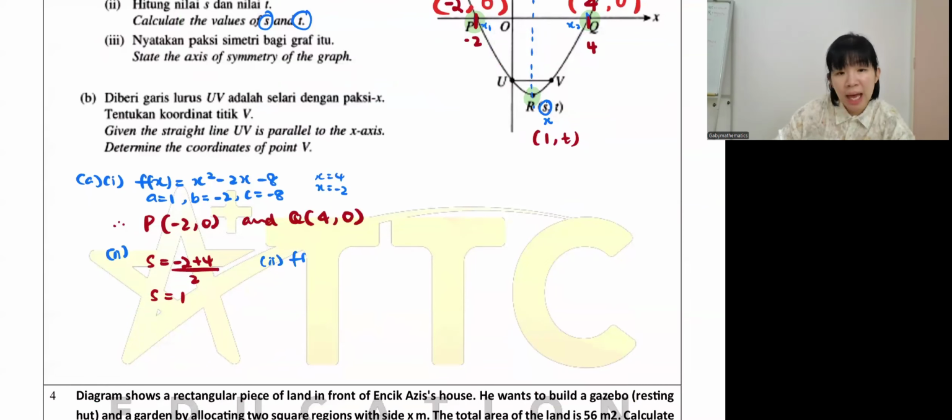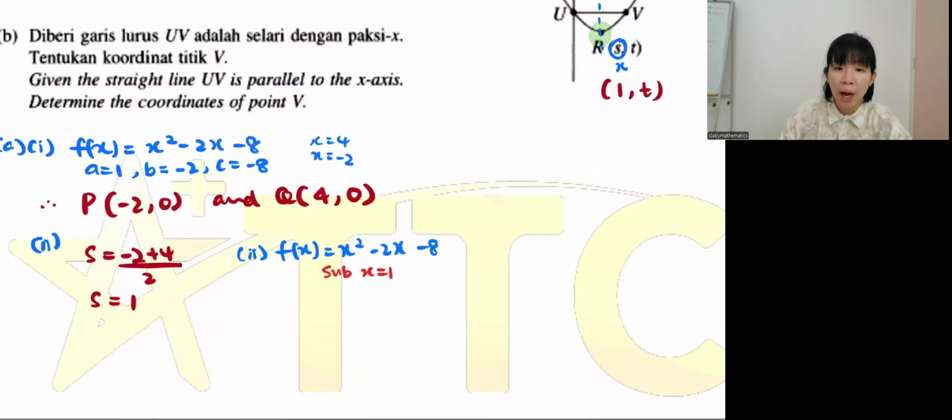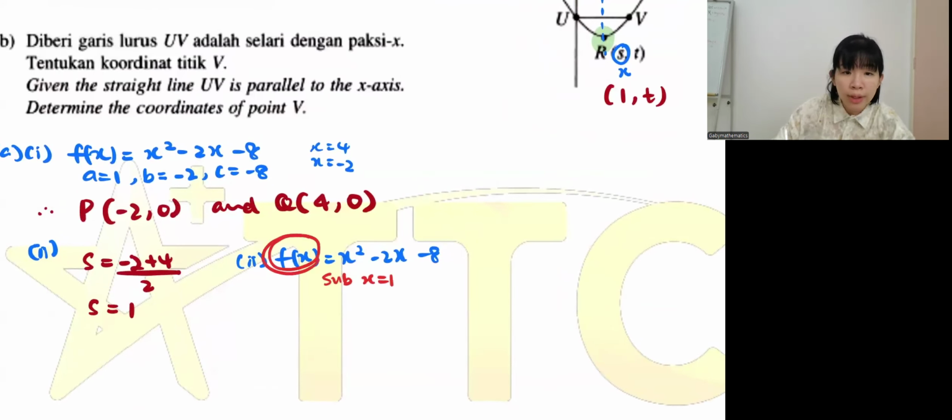Okay, our equation is f(x) equals x squared minus 2x minus 8. So we sub the x, x equals 1, into it. Our x is 1. Sub into the equation, then we will get the y coordinate. f(x) is the y coordinate, so you can change it to t.